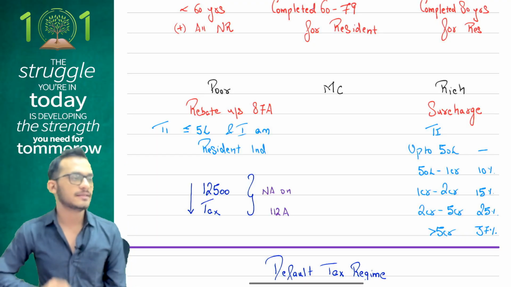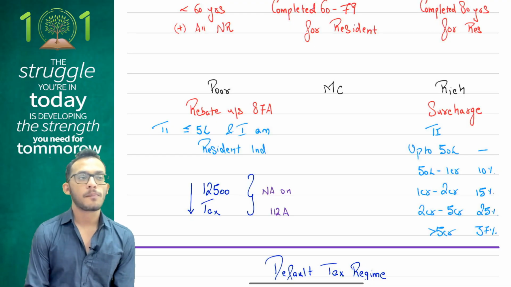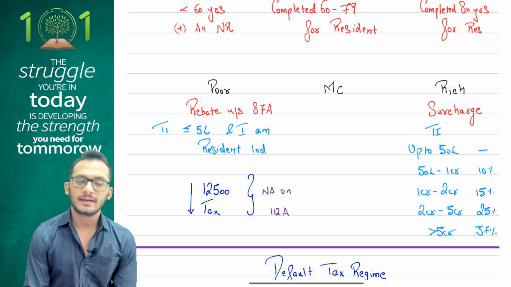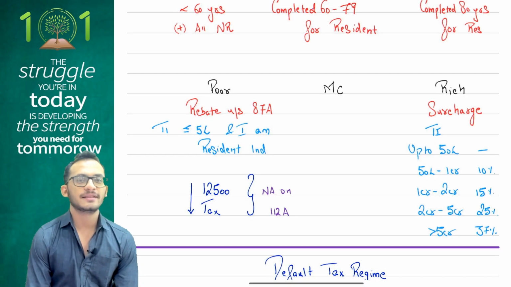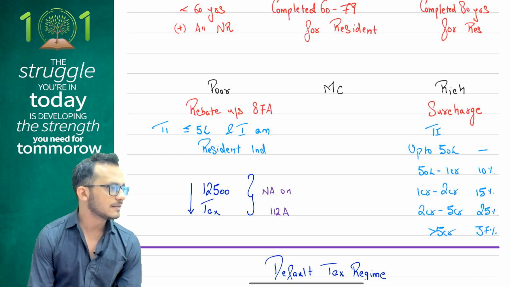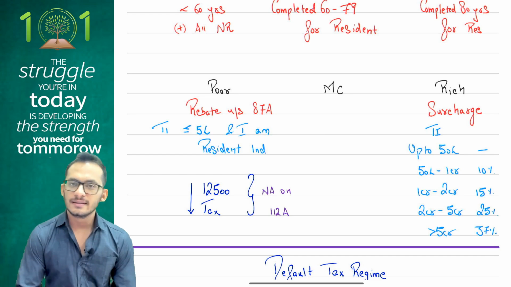But for the rich category, surcharge is for a total income more than 50 lakhs, 10%; more than 1 crore, 15%; more than 2 crores, 25%; and more than 5 crores, 37%.